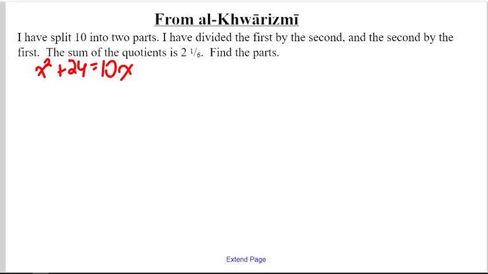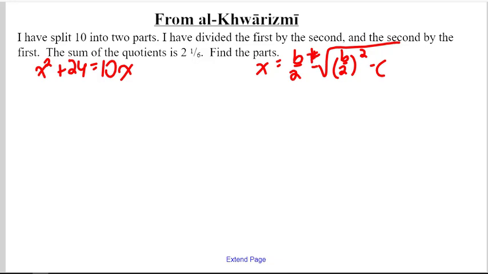What al-Khwārizmī said is that in this case, x will equal b over 2 plus or minus the square root of b over 2 squared minus c, which is great because we want two terms.